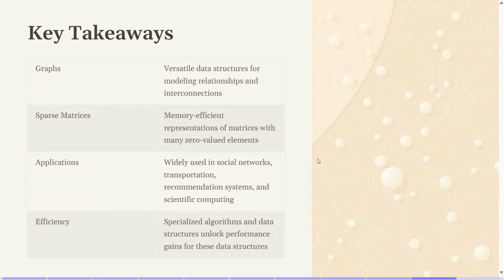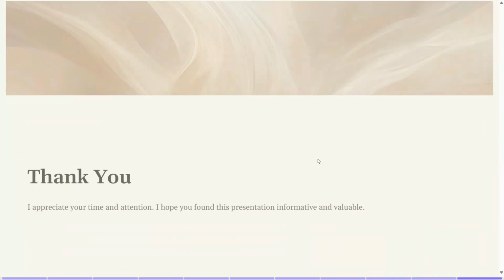Both of them are widely used in social networks, transportation, recommendation systems, scientific computing, and machine learning too. Efficiency, of course, both of them are greatly efficient. We have specialized algorithms and data structures to unlock their performance gains. So, these are the key takeaways we have discussed today.